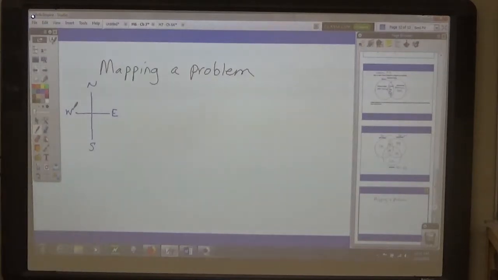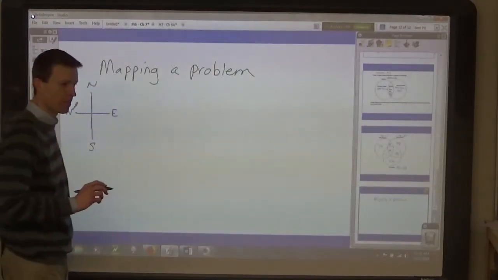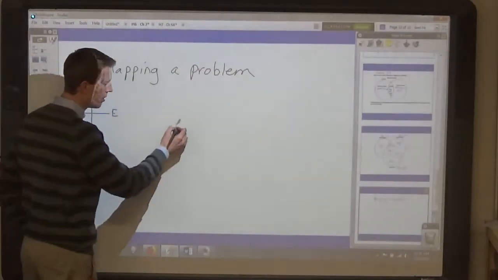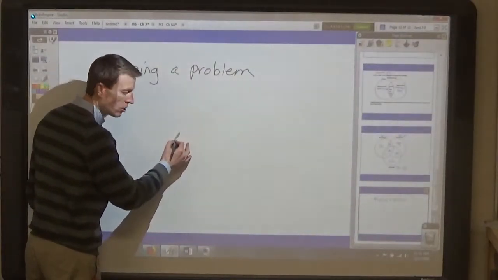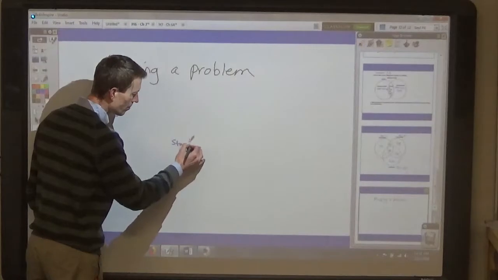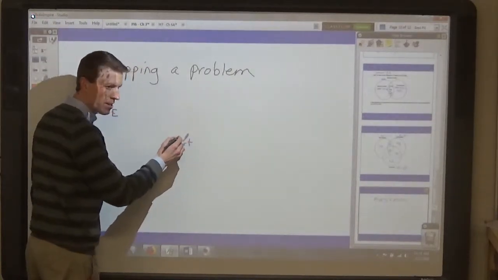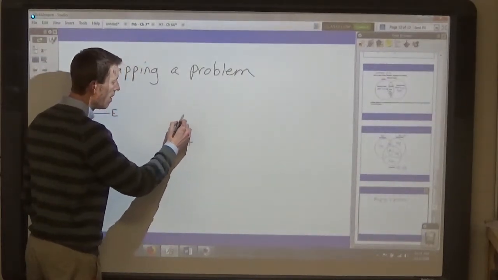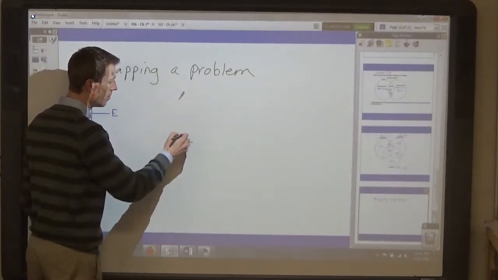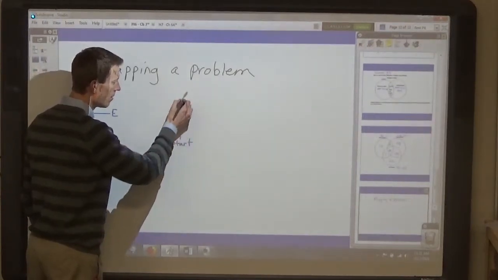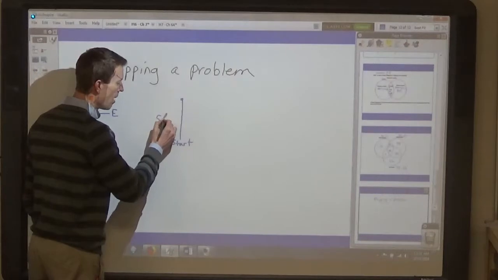So, for example, a bus driver leaves a bus station and travels 5 miles north. Well, if you were going to map this out, you would simply need to put a starting point, and it says that it goes 5 miles north. So you draw the line and label it 5 miles.